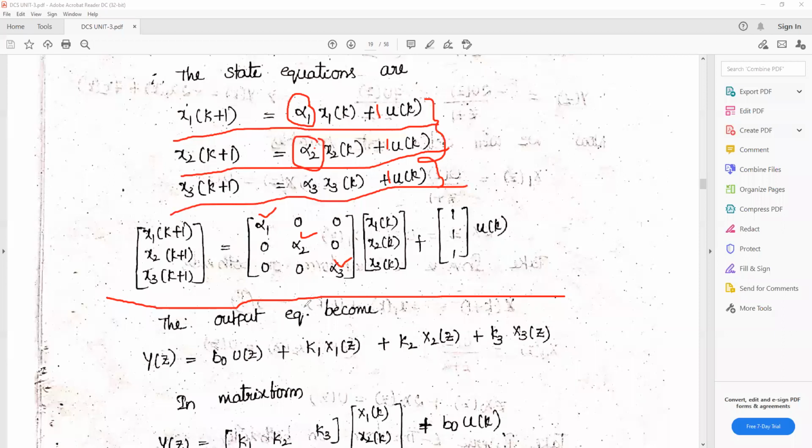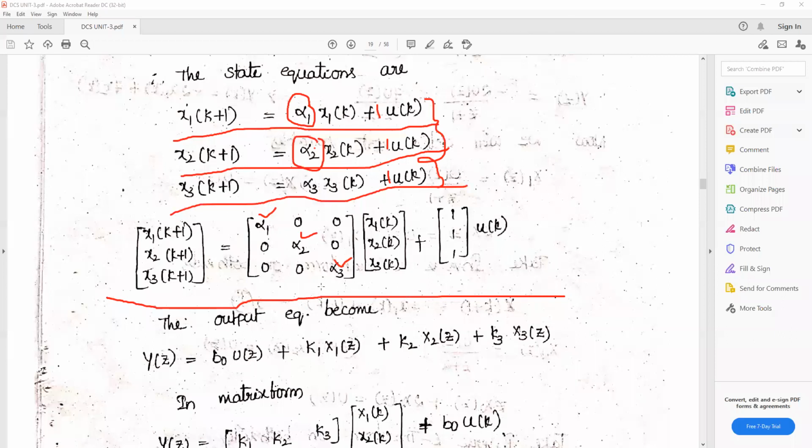The output equation becomes y of z is equal to b naught into u of z plus k1 into x1 of z, k2 into x2 of z, k3 into x3 of z.